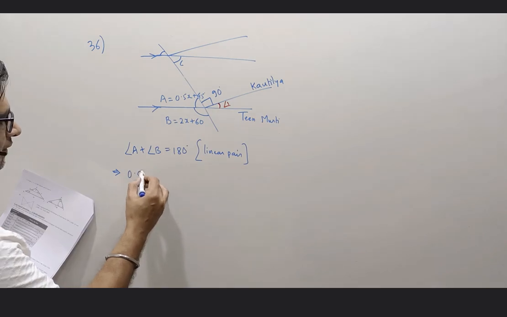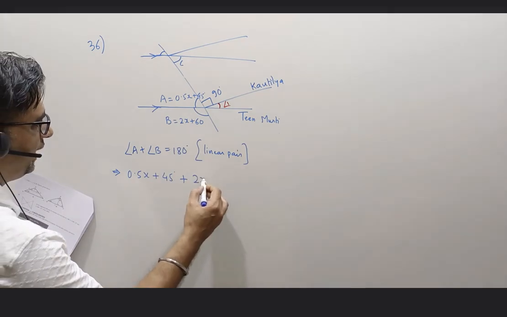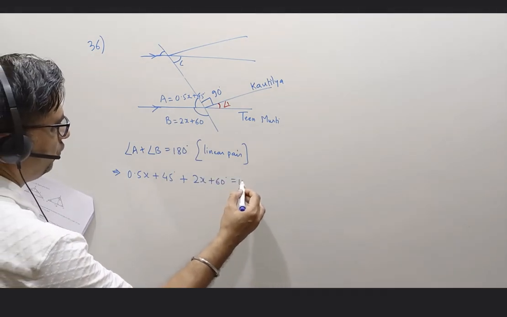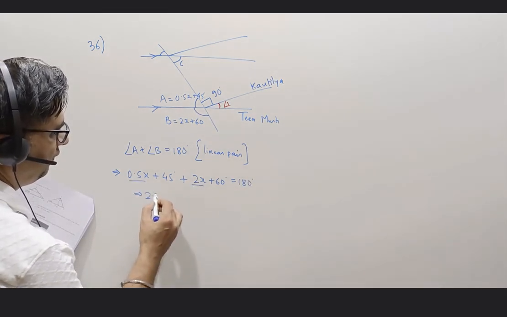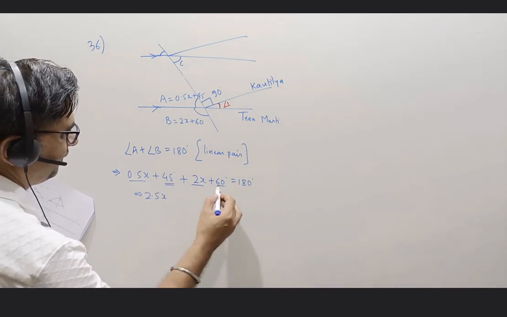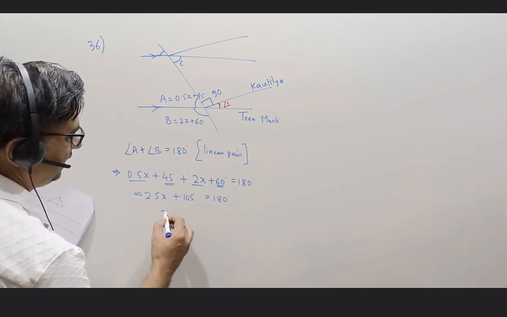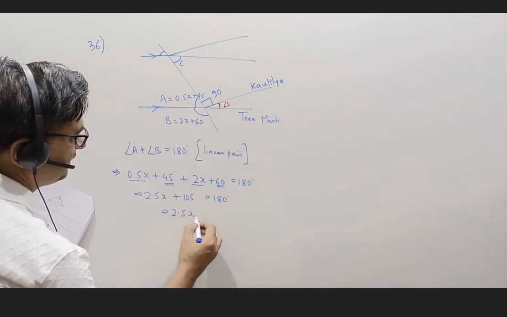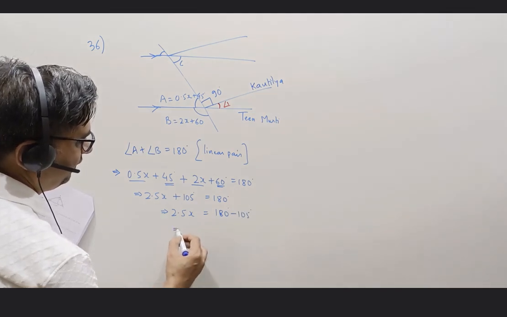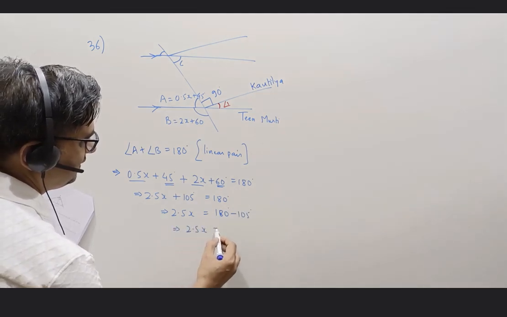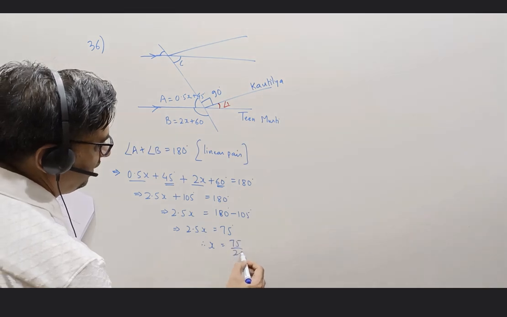So 0.5x plus 45 degree plus 2x plus 60 degree is equal to 180 degree. 2.5x plus 105 degree is equal to 180 degree, and that gets us what? 2.5x is equal to 180 degree minus 105 degree. That implies 2.5x is equal to 75 degree, and therefore x is equal to 75 by 2.5.